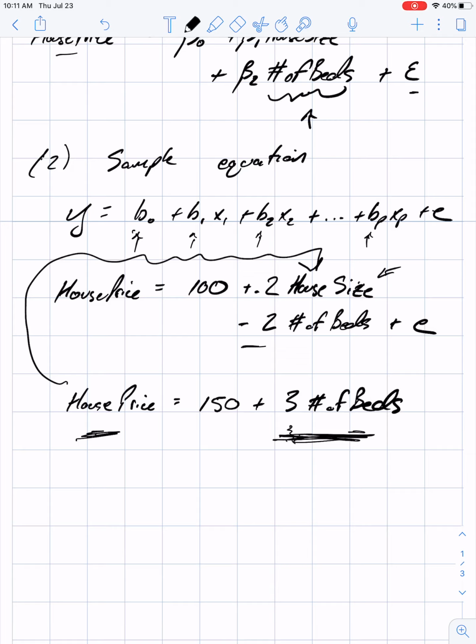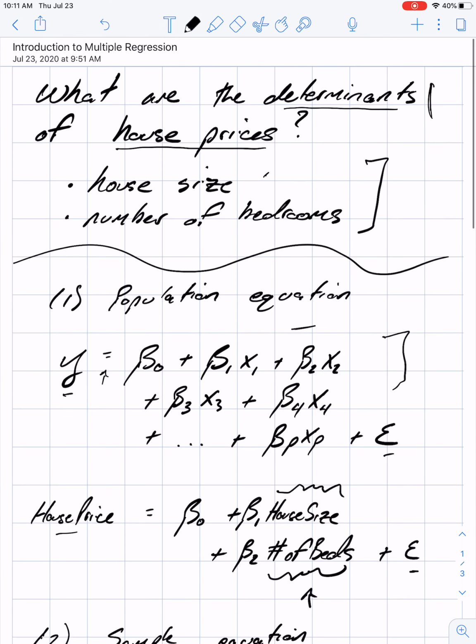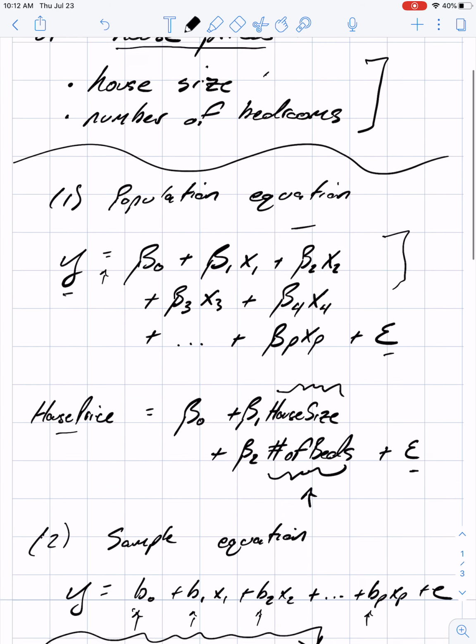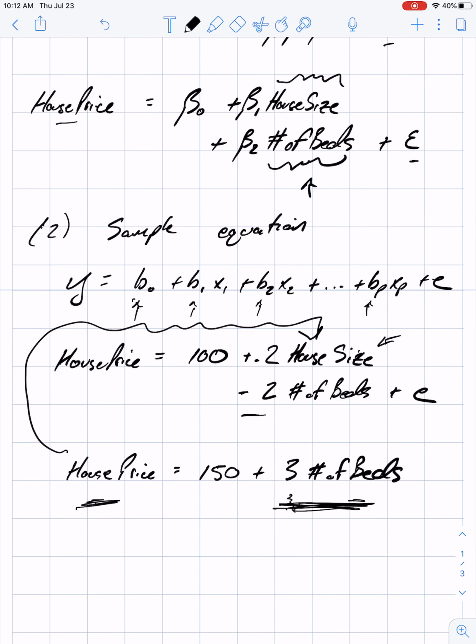So that's a really powerful thing about multiple linear regression. And notice that if our true goal was to determine all of the determinants, we'd want both of those variables at least in that equation.